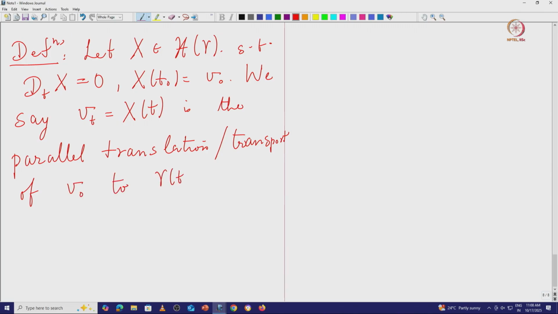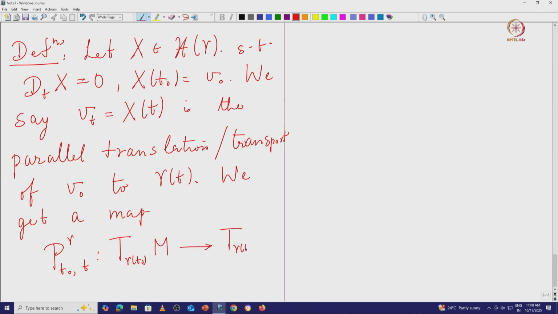to gamma of t. So in other words, we get a map which I'll denote by P gamma t naught to t. So this is a map from the tangent space to M at gamma of t naught to the tangent space of M at gamma of t.